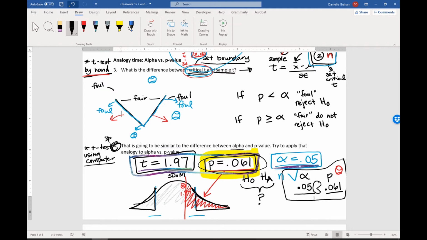So since P is bigger in this case, we're looking at this version for this example. Since P is not smaller than alpha, we would say, nope, this is fair, do not reject, which corresponds to what we see here, where it would actually land inside.